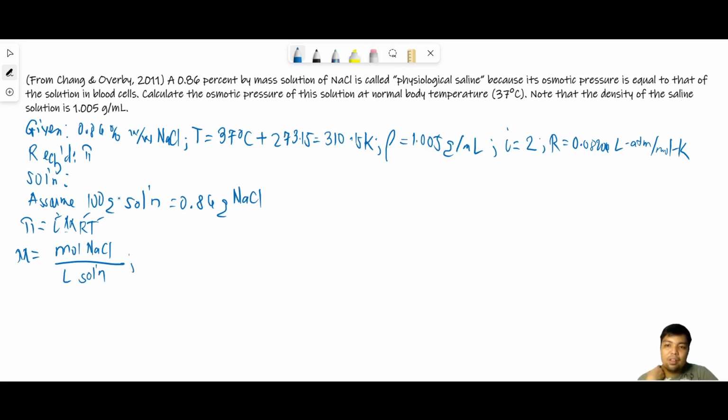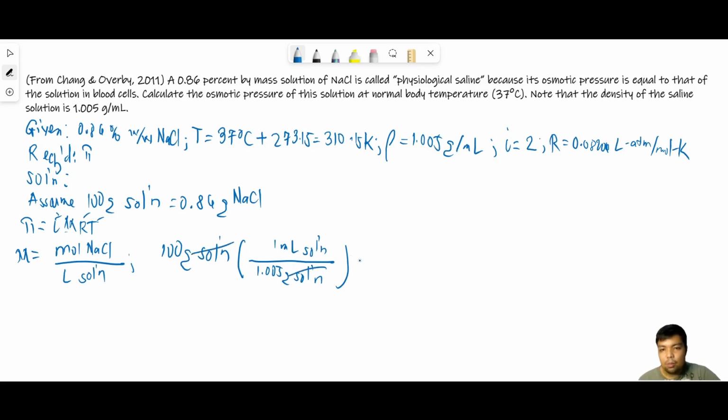We use the density of your solution and our assumption of 100 grams. So we have 100 grams of your solution. We use the density as a conversion factor. So we have 1.005 grams of your solution as the denominator in the conversion factor, and the numerator is 1 mL of your solution.